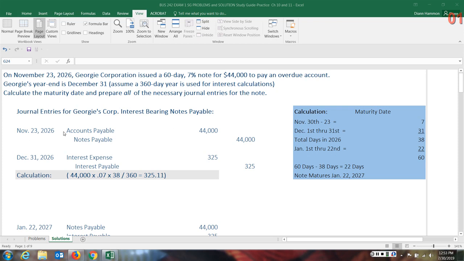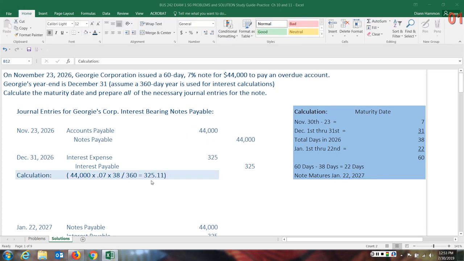On November 23rd, we were told that Georgie issued this note to pay an overdue account. So that means we're going to remove the accounts payable with a debit, and we're going to issue the notes payable. Let me direct your attention to the light blue just underneath the interest expense and interest payable.